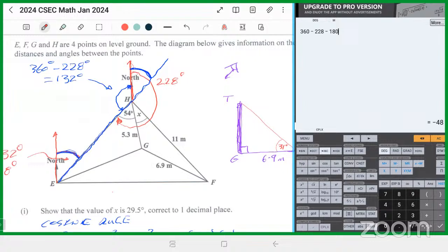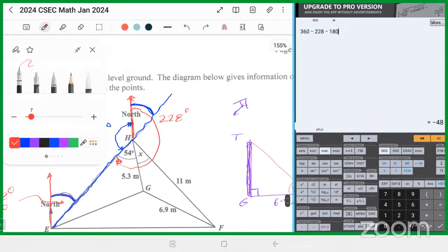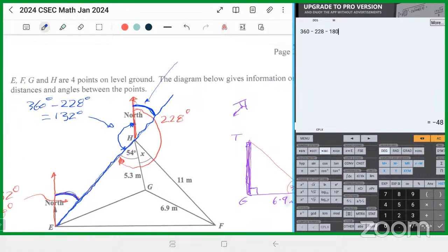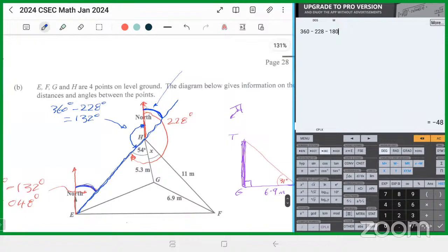Since all of this is 228, then this bearing angle up here that I want would have been 228 minus 180, because the total angle on this straight line is 180, and everything around here is 228. So this would be 228 minus 180, which gives 48 just the same.